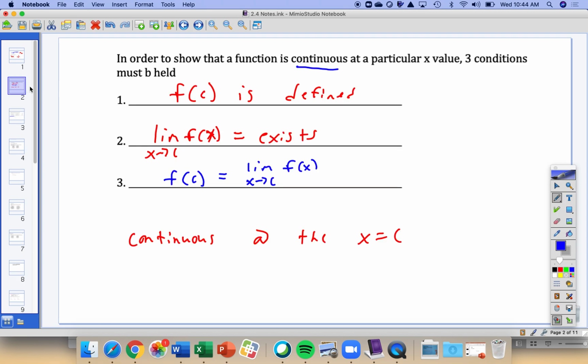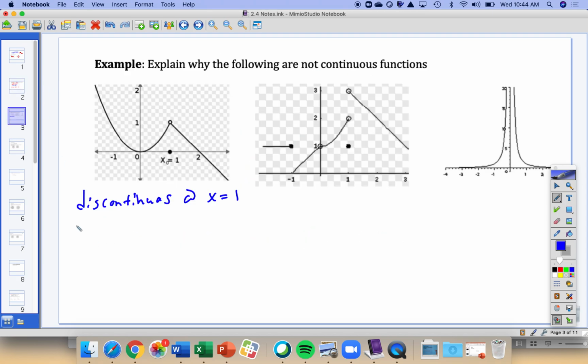If we go through our three conditions, first, f of c is defined. So what is f of 1? Well, if I look at the function, f of 1 is this point right here. It's not that point, that's a hole. It's that point. So f of 1 is 0. Okay, so that's condition 1. Condition 2, the limit as x approaches 1 of my function.